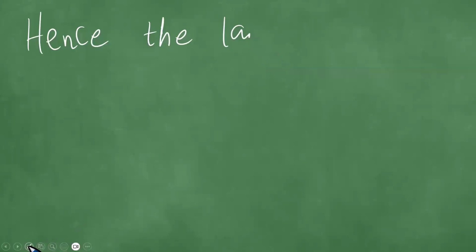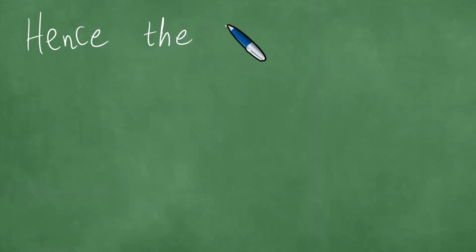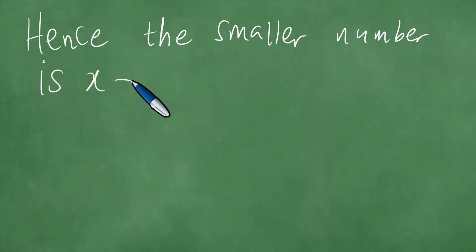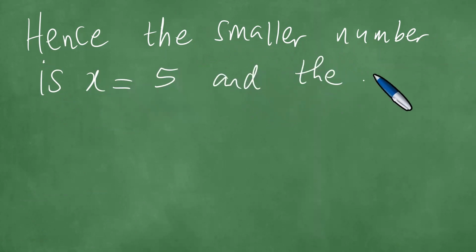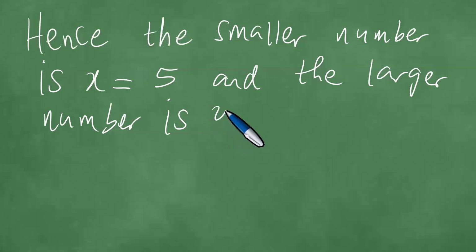Well, first let's start with the smaller number, because we have the smaller number and the larger number. Hence the smaller number is x equals 5. And the larger number is y equals 8.